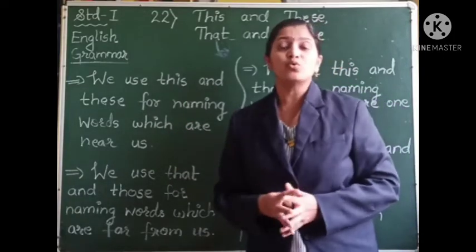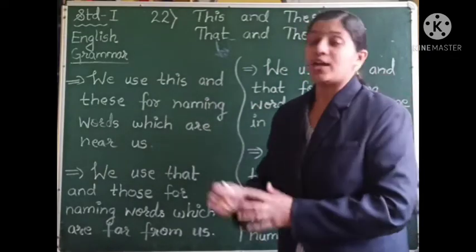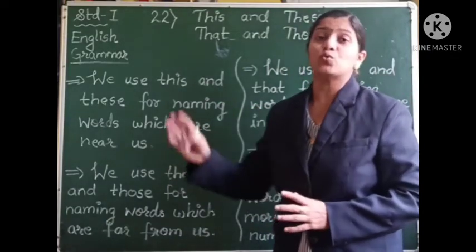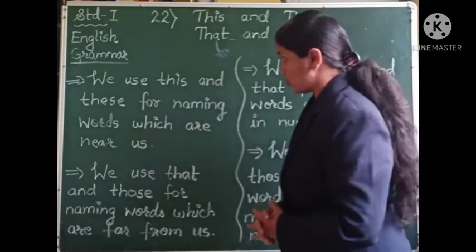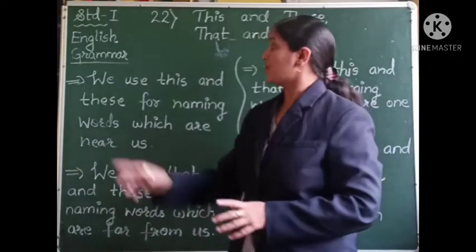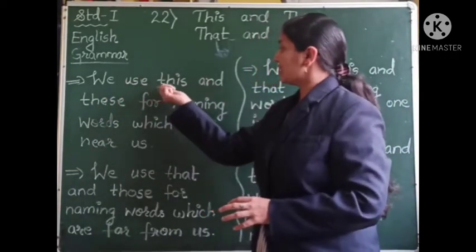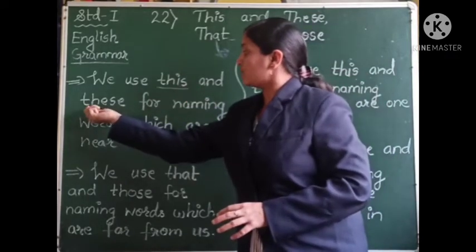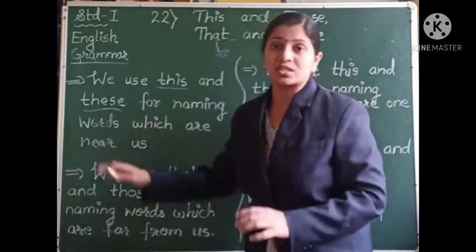So there are some rules to see where and how to make use of this, that, these and those. The first rule says we use this and these. The word this and the word these are used for naming words.